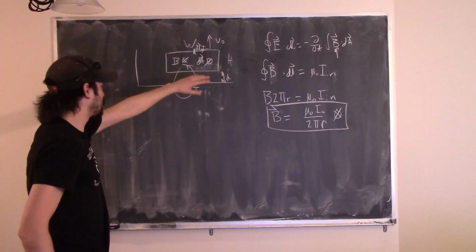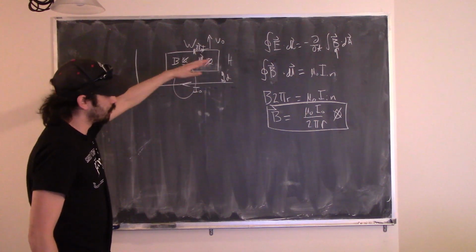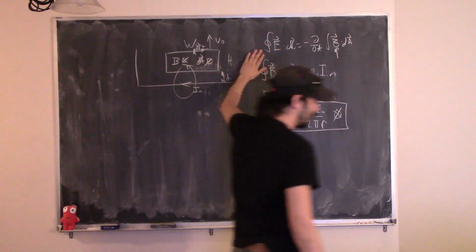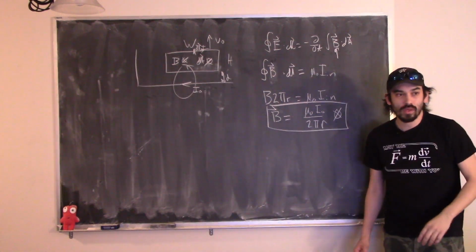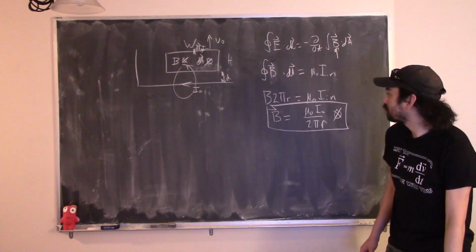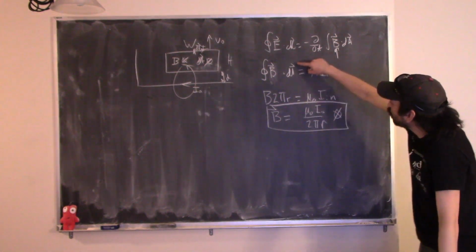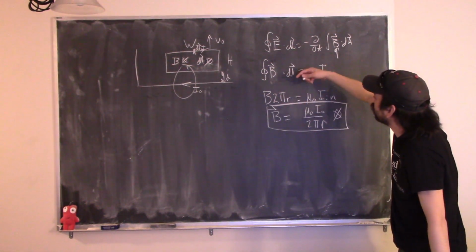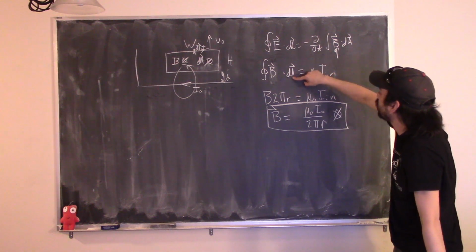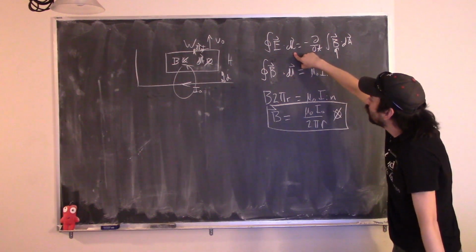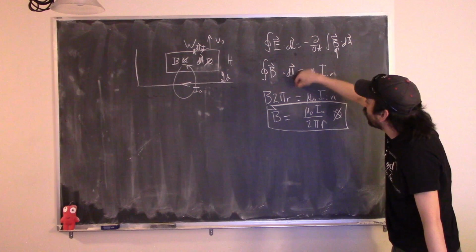Now, something to note here, when you're looking at these equations, the way they have this written here, this was a B dot dl. When you're looking at these equations here, you might confuse yourself and say, well, I have a dl here and I have a dl here. Why aren't they the same thing?